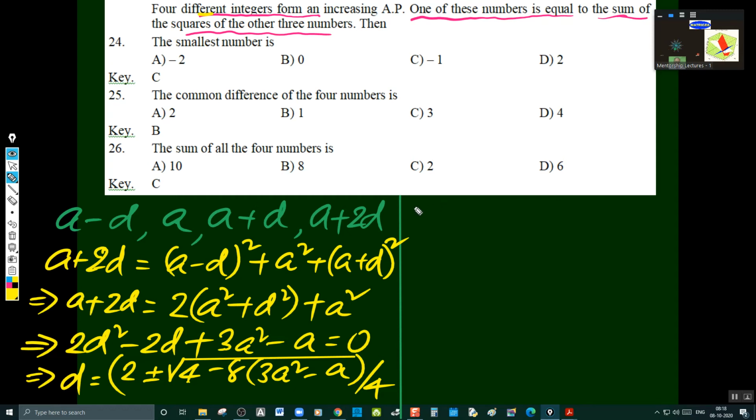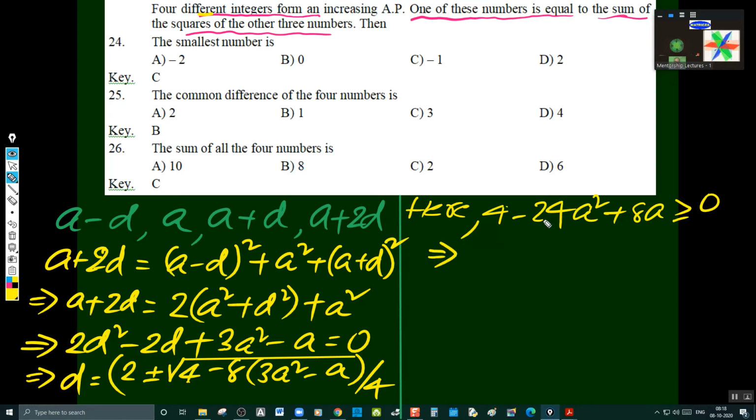So this becomes 4 minus 8 into, let me multiply, 24a square plus 8a must be greater than or equal to 0. Now let us divide with minus 4. 6a square minus 2a minus 1 should be less than or equal to 0.